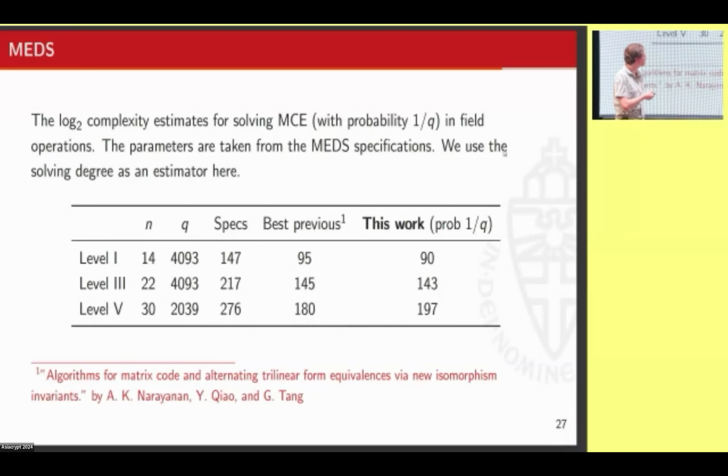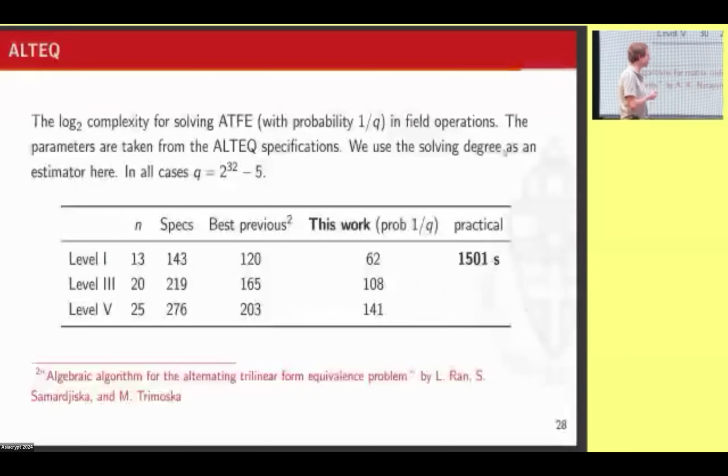What's interesting is this is purely combinatoric and exponential in Q. And this is basically independent of Q and purely algebraic. We didn't take into account here the cost for finding a weak key, let's say. So this is for the weak key, the complexity.